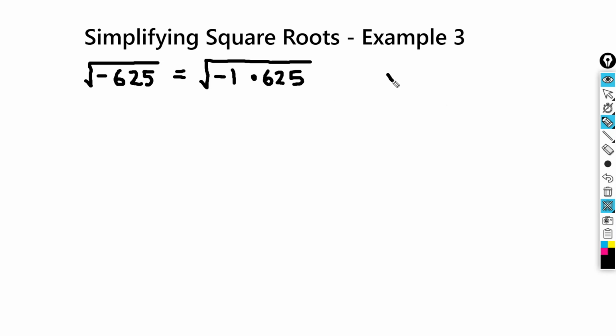Well, we want to look at what is the square root of -1. Well, in mathematics, the square root of -1 is i, which represents an imaginary number. And the reason we have this is, well, you can multiply a negative times a negative and get a positive, and you can multiply a positive times a positive and also get a positive.